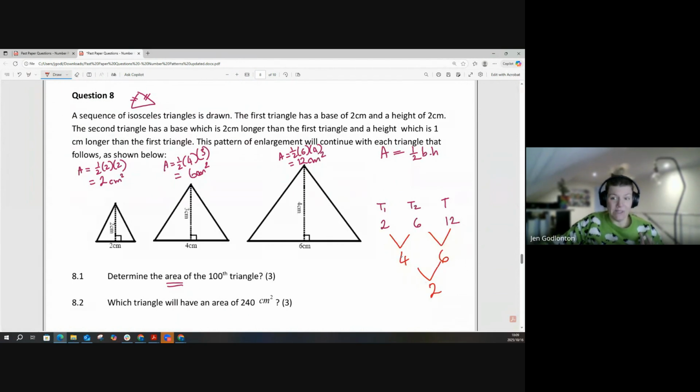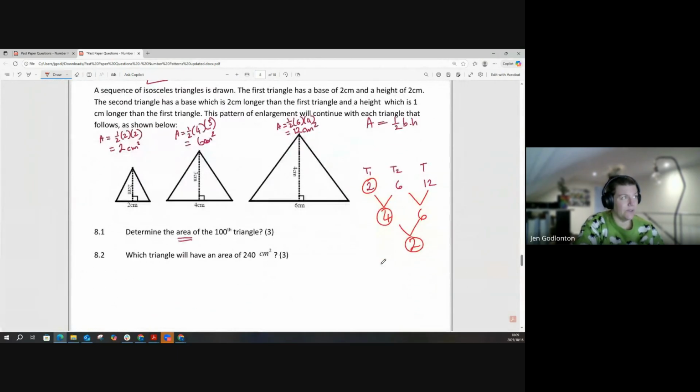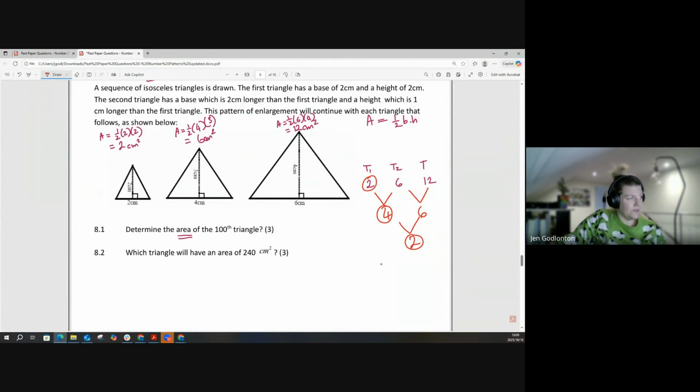Okay, so we can see it's going to be a quadratic, which means we care about these 3 numbers. We care about our stepping stone. So we care that 2 is A plus B plus C. We care that 4 is 3A plus B, and we care that 2 is 2A, and we work from the bottom up. So 2A equals 2, therefore A equals 1, which means 3 times 1 plus B equals 4. So 3 plus B equals 4, which means B is equal to 1.